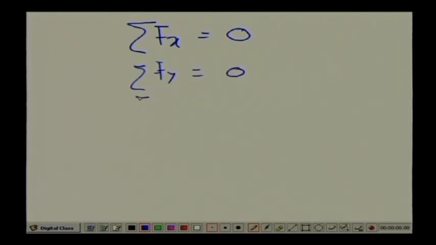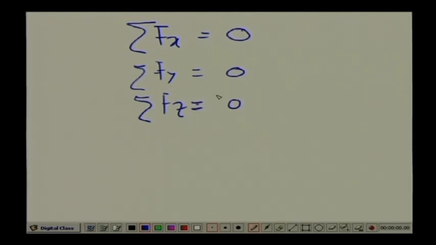The fundamental laws of Newtonian mechanics are used for the equilibrium of forces, and for this, a body must be such that the summation of forces in the x direction should be equal to 0, the summation of forces in the y direction should be equal to 0, and the summation of forces in the z direction should be 0.